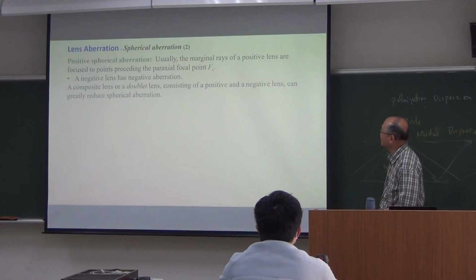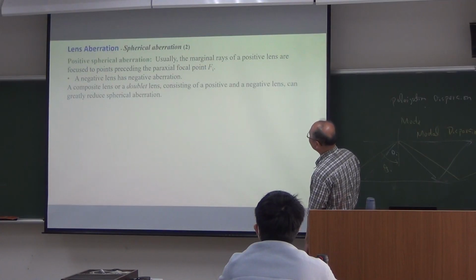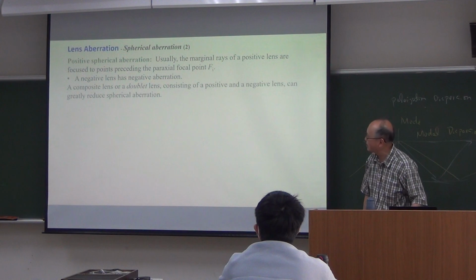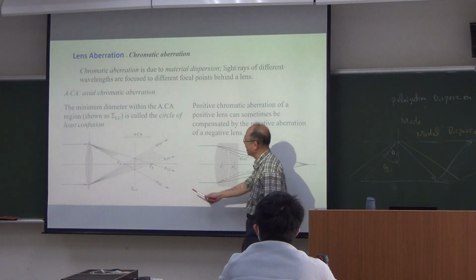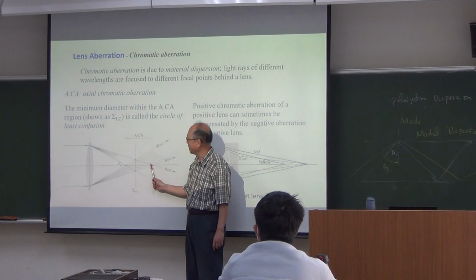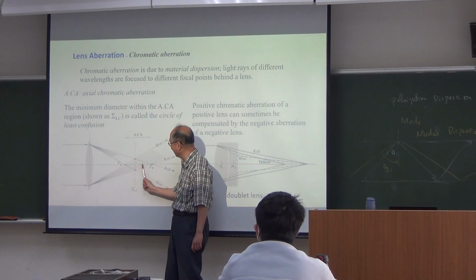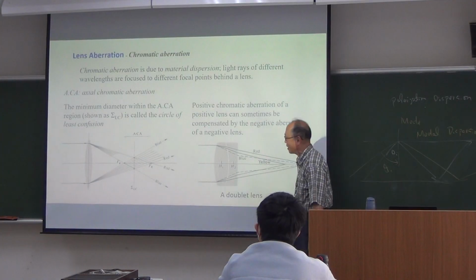For positive aberration, the marginal rays of a positive lens are focused to a point preceding the paraxial focal point, and that is what we just had right here. We call this positive aberration. This is a non-paraxial ray that focuses before the paraxial focal point. We call this positive aberration.